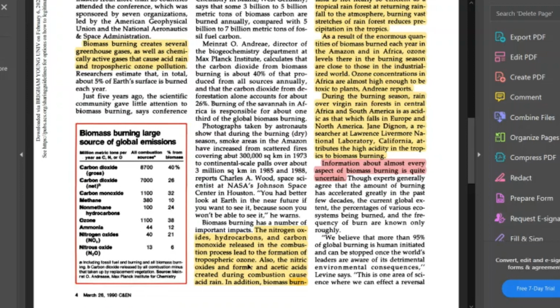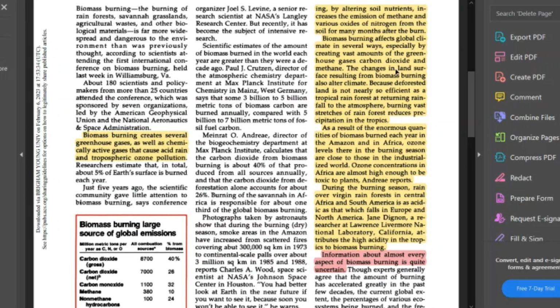Also, the nitric oxides and formic and acetic acids created during combustion cause acid rain. In addition, biomass burning, by altering soil nutrients, increases the emission of methane and various oxides of nitrogen from the soil for many months after the burn.